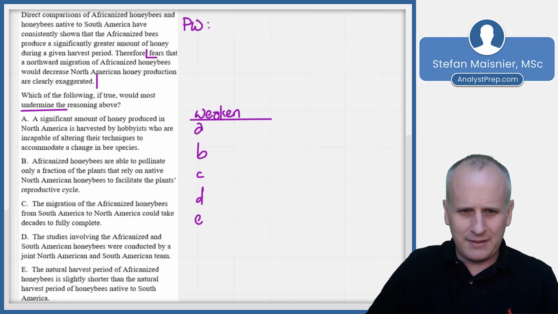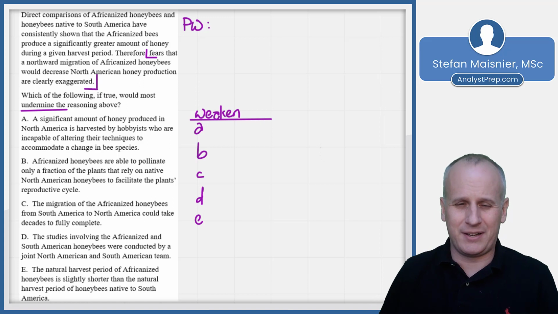So if we're trying to weaken, I want to simplify and not just say show information that the decrease is clearly exaggerated. That's just really quite convoluted English. But we want to show that the North American honey production will go down, basically, because the decrease is not exaggerated.